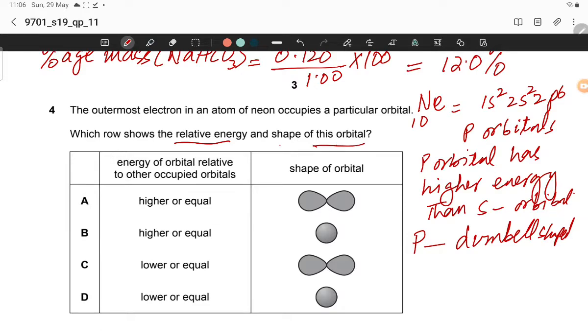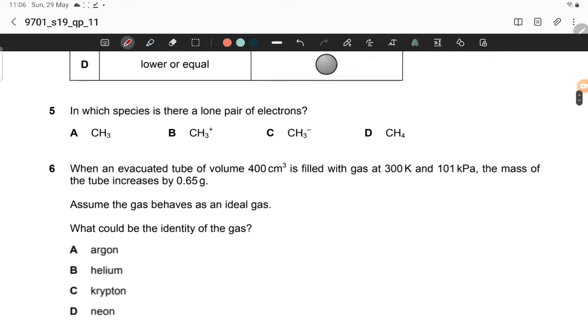So the energy is higher than s orbital relative to other occupied orbitals. S and p orbitals: the p orbital has higher energy than the s orbital, and its shape is dumbbell. So this is higher, and A option must be correct.